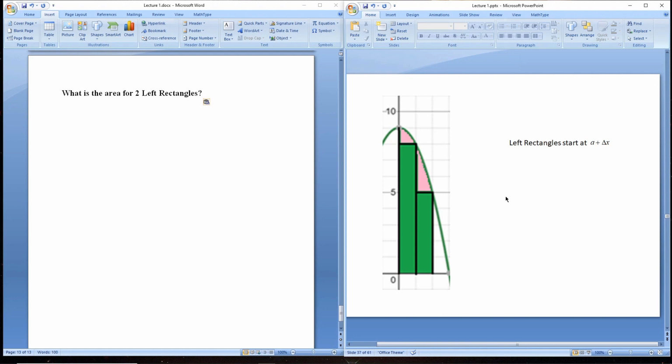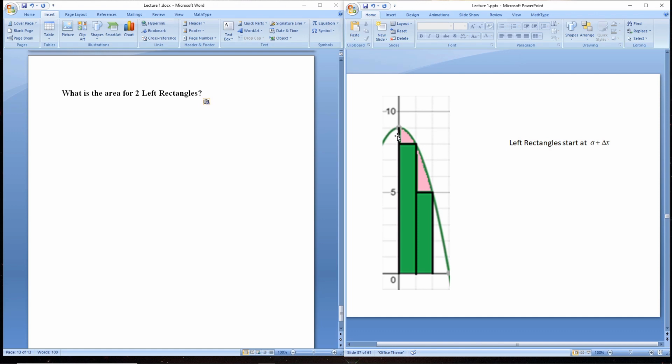And left rectangles always start at the second position here. So unlike right rectangles, where we started at A and drew to the right, notice that's not done here. At 0, this black line just goes straight up to the top. We can't draw left because that goes outside our region of interest.